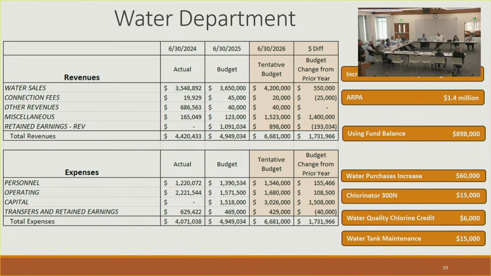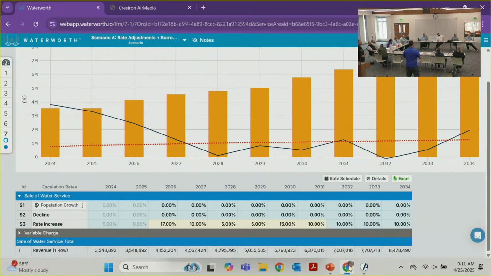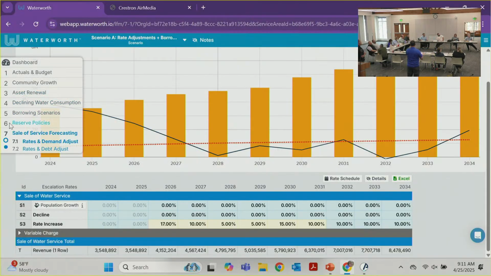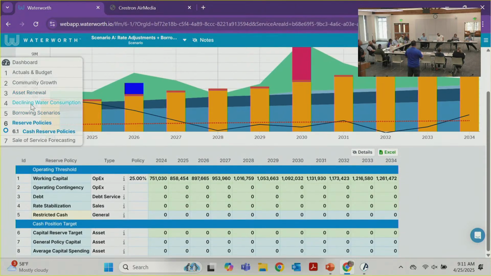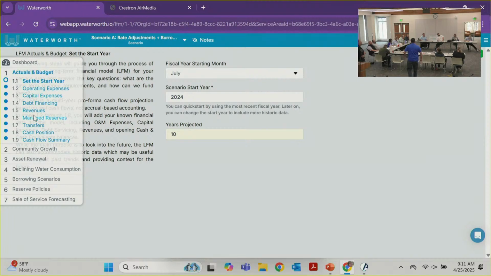Any other questions with water? Remind me what the current balance is of the water fund? Because if you're going to use 900,000 on that, I was just curious. I think 4 million or something. We have it in here.